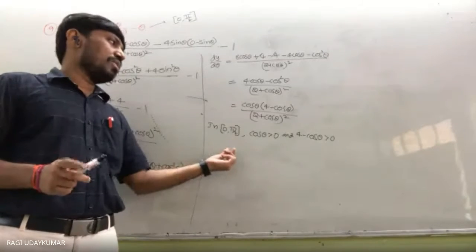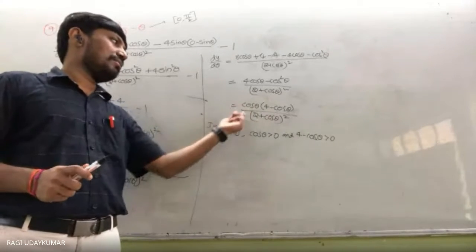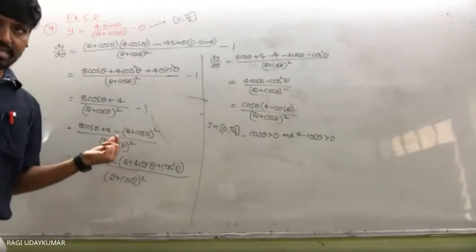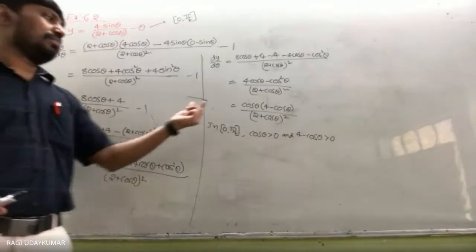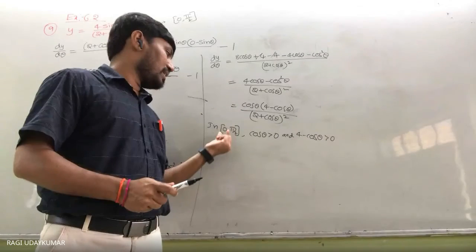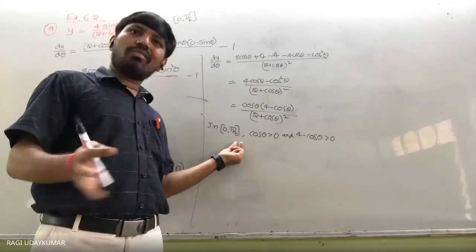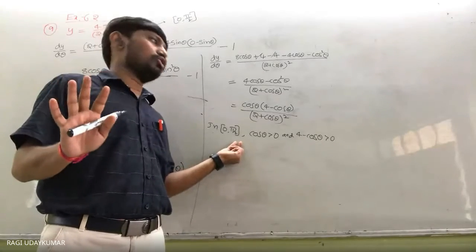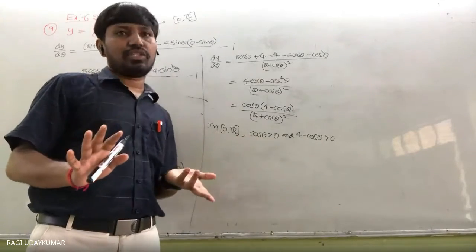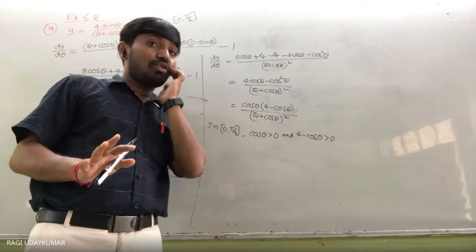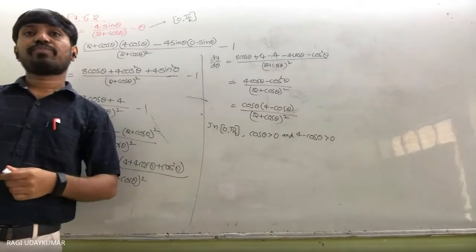Okay. So now here, this is the function we are going to get on simplifying the dy by dx. dy by dx को simplify करने के बाद ये function आया. So now here 0 to pi by 2, first quadrant, all the trigonometric ratios are positive. So cos theta is always greater than 0. Next, 4 minus cos theta, how do we say that 4 minus cos theta is greater than 0?